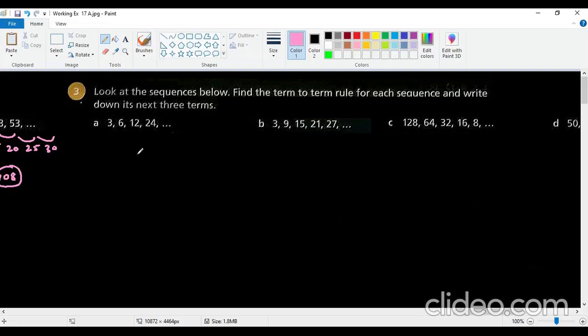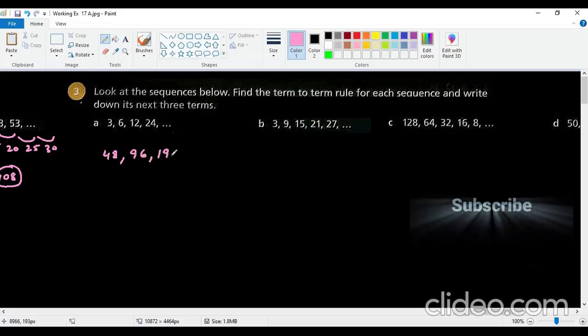So as you can see, it is 3, 6, 12, and 24. So each term is multiplied by 2. So 3 times 2 is 6, 6 times 2 is 12, 12 times 2 is 24, 24 times 2 is going to give us 48, 48 times 2 is going to give us 96, 96 times 2 is going to give us 192.